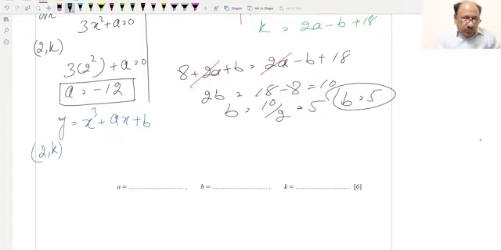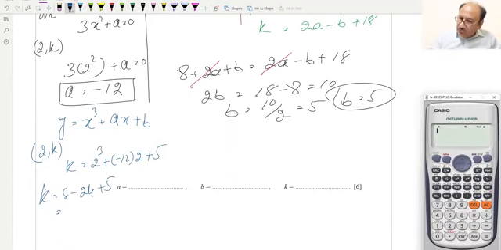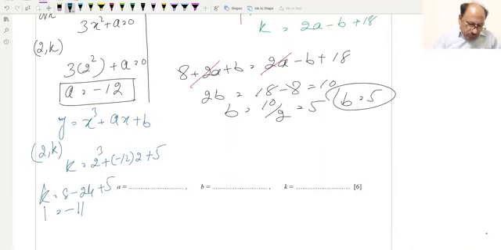So k will be equal to 2 cubed plus the a value, which is minus 12, times the x value 2, plus the b value, which is 5. Now k is equal to 8 minus 24 plus 5, and this is equal to minus 11. So the k value is equal to minus 11.